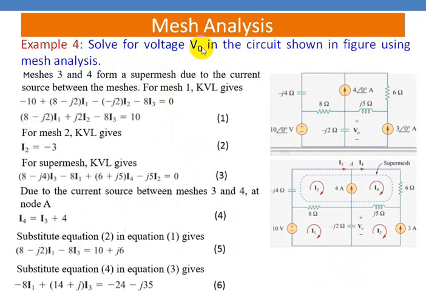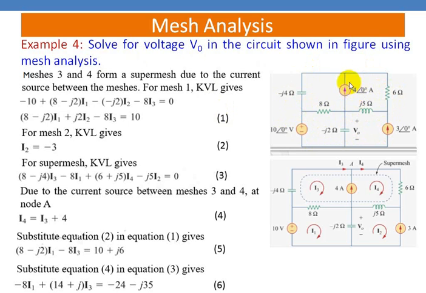Solve for voltage V0 in the circuit shown in the figure using mesh analysis. So here if you see this circuit, you have a capacitive reactance, resistance, voltage source, capacitive reactance, inductive reactance, current source, resistance, current source.